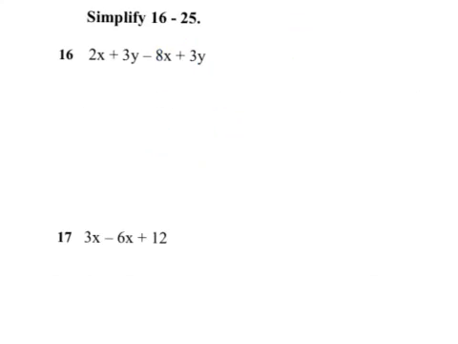Okay, in the last set of problems, we are going to simplify. And all simplify means to do is just to combine things that are the same or distribute if possible. Of course, we would want to distribute first and then combine like terms. So in this first problem, number 16, I see that I have no distribution, but I have 2 x's, 3 y's, negative 8 x's, and 3 more y's.